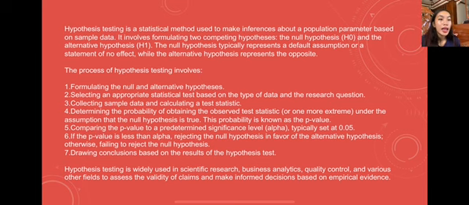Number 6, if the p-value is less than alpha, rejecting the null hypothesis in favor of the alternative hypothesis, otherwise failing to reject the null hypothesis. Number 7, drawing conclusions based on the results of the hypothesis test.